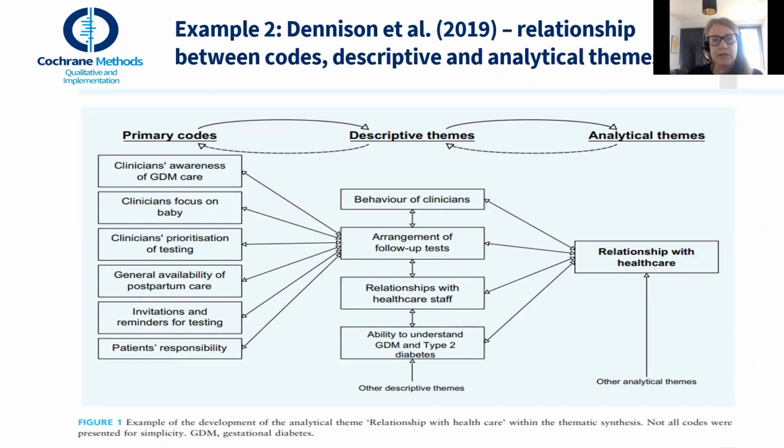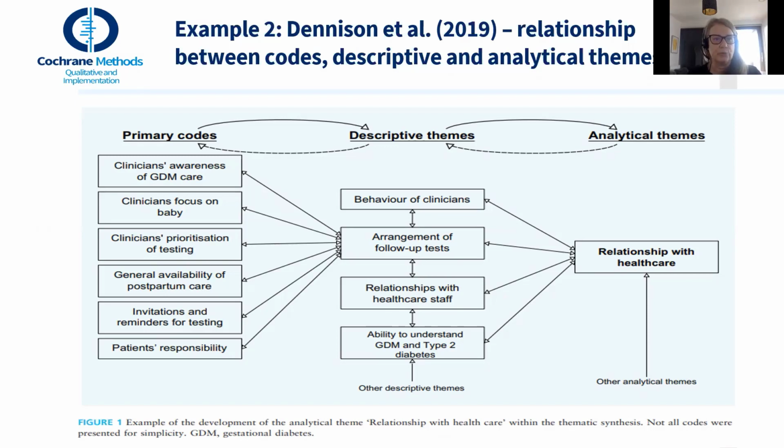So in the review that was looking at screening for type 2 diabetes, you can see there on the left-hand side of this slide the examples of the primary codes developed from that line-by-line coding stage. And then this diagram also shows you the range of descriptive themes that the review generated. And it shows you those primary codes leading to one of those descriptive themes.